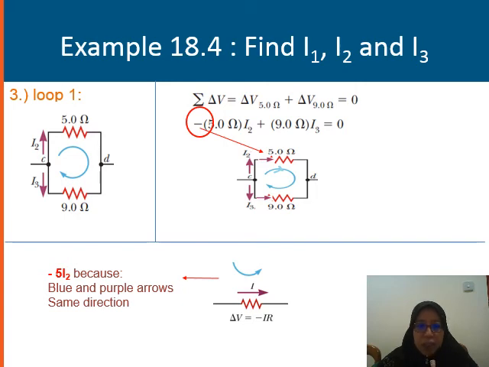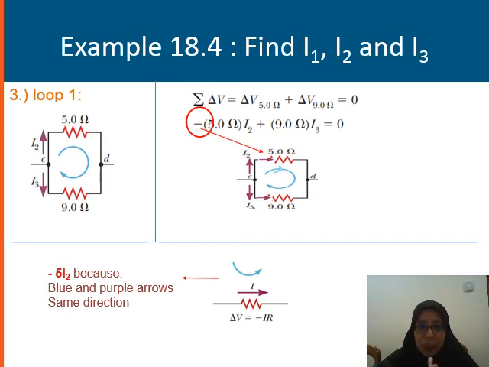So we find that 5 times I2 means voltage through 5 ohms, plus voltage through 9 ohm. And since it's equivalent to 0, by logic, one of them would be a negative product. And how so?